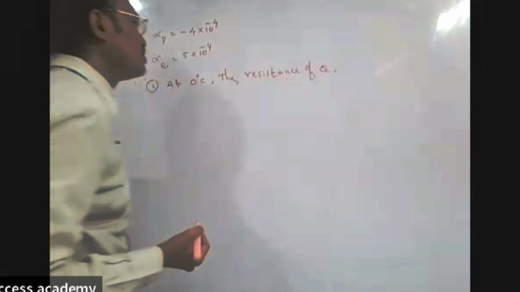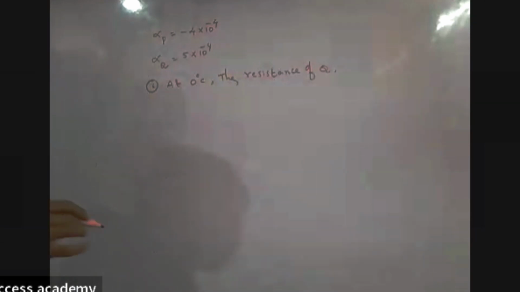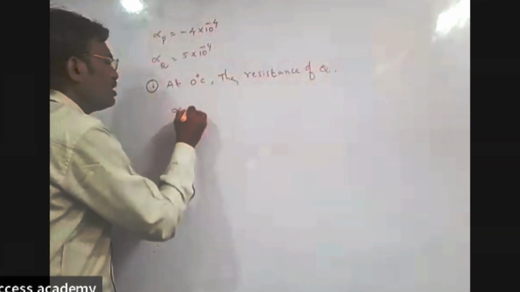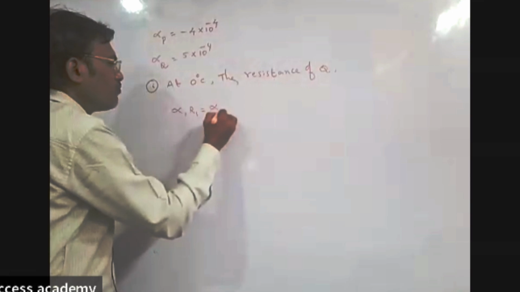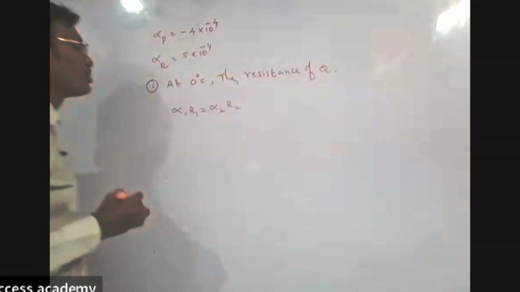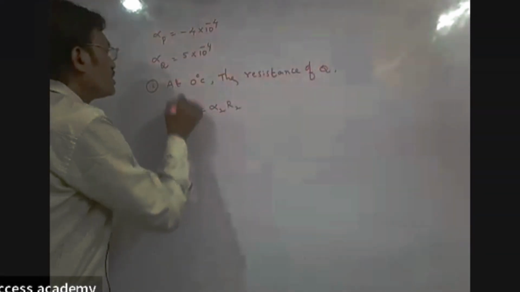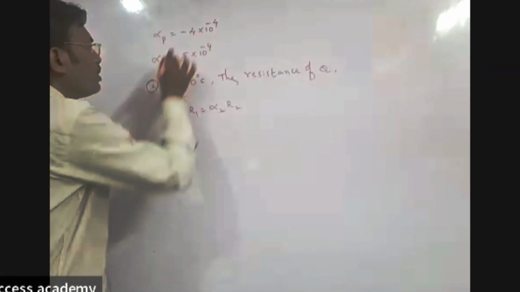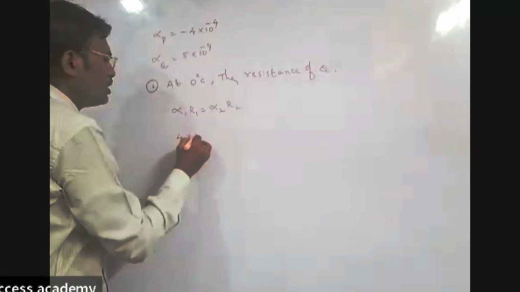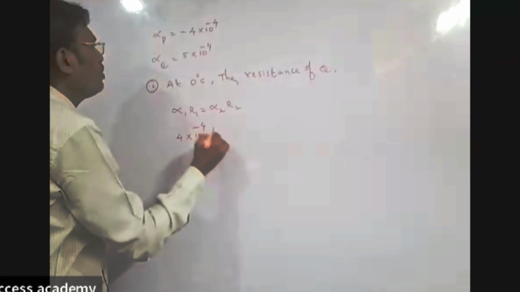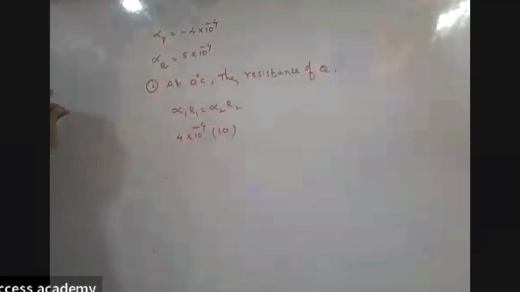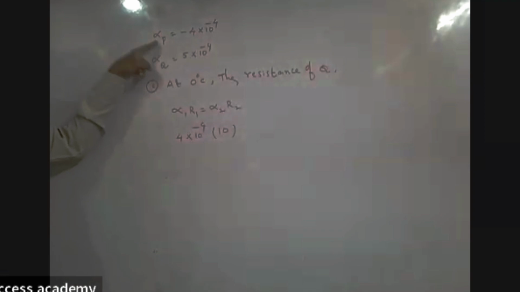For that purpose, here I am taking alpha 1 R1 is equal to alpha 2 R2. In the problem, alpha 1 is nothing but P, 2 is nothing but Q. So here I am taking only number 4 into 10 power minus 4. R1 in the problem, at 0 degrees Celsius, the resistance of P is 10 ohm, given in the problem.